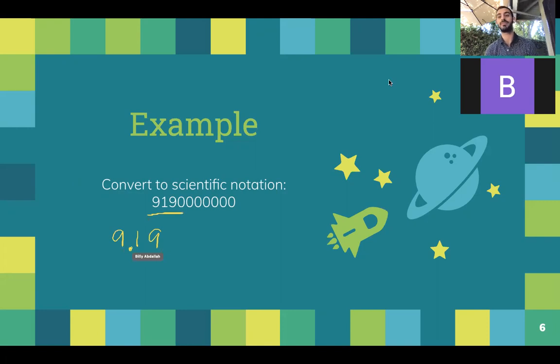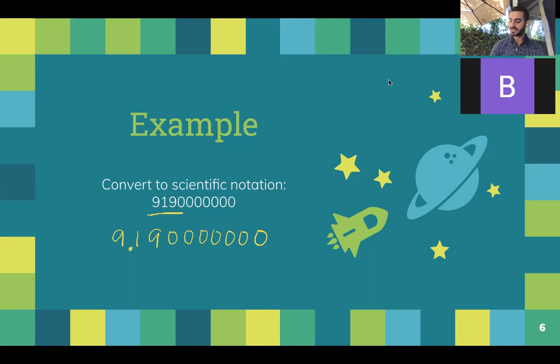And now this number is between 1 and 10. But again, we have some trailing zeros. So we have 1, 2 zeros, 3 zeros, 4 zeros, 5 zeros, 6 zeros, 7 zeros. Okay? So all I did was copy the number, but I made sure to put a decimal point between where my coefficient's going to be, okay?